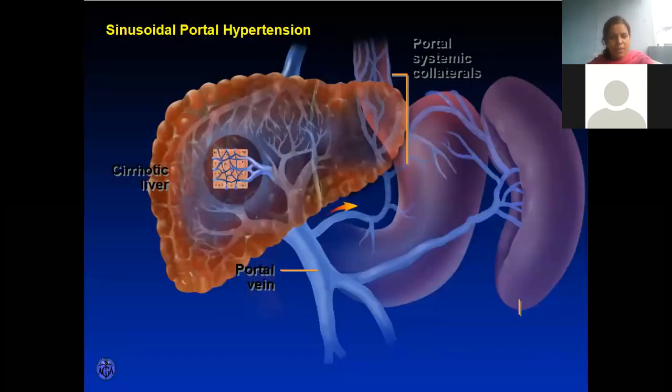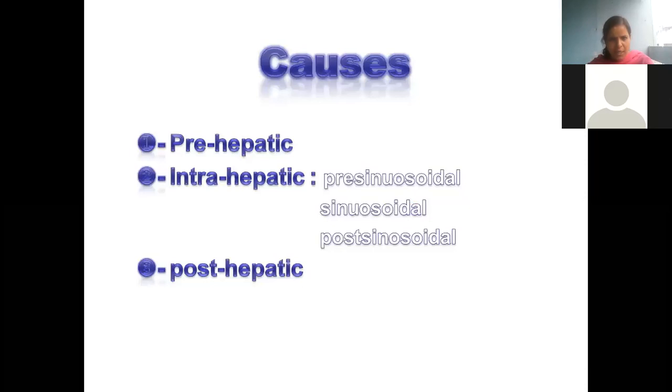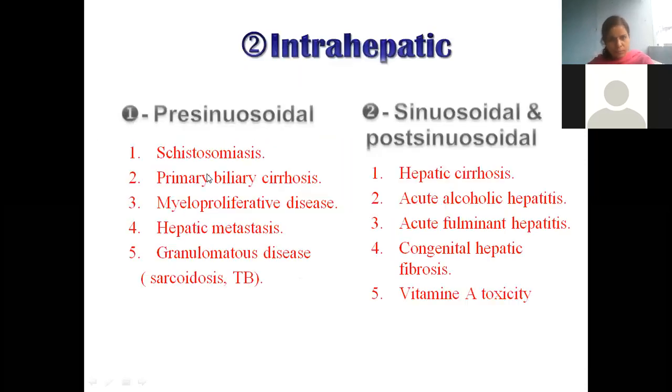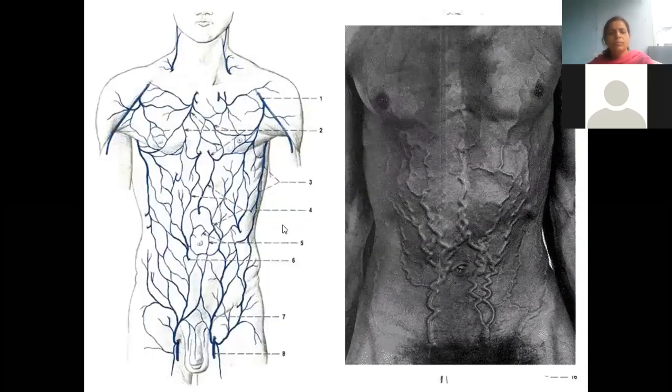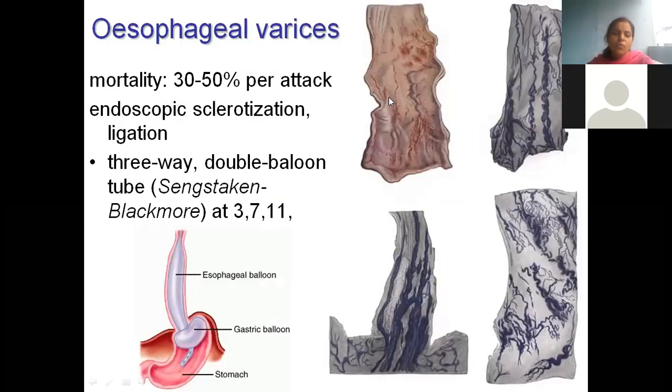In case of portal hypertension, we find this type of clinical condition. So this is one condition. Esophageal varices. We know there is a network of the azygous system of veins and the left gastric vein forming a network at the esophagus.